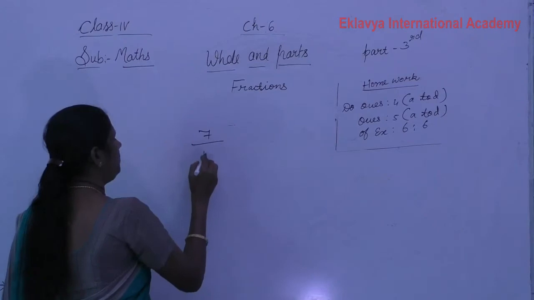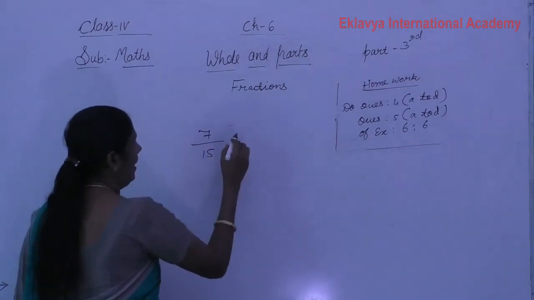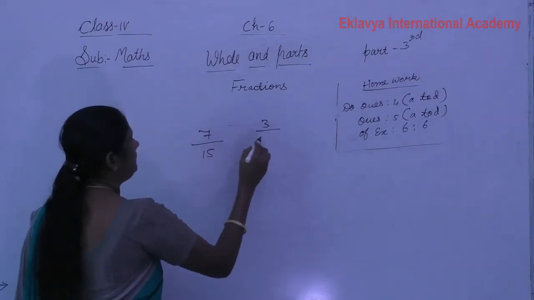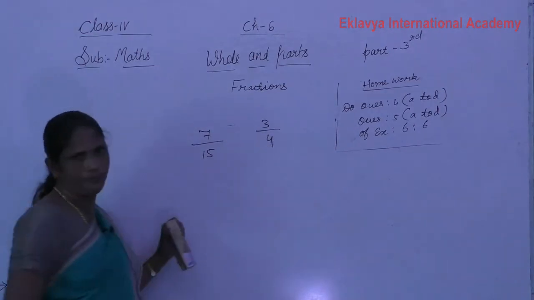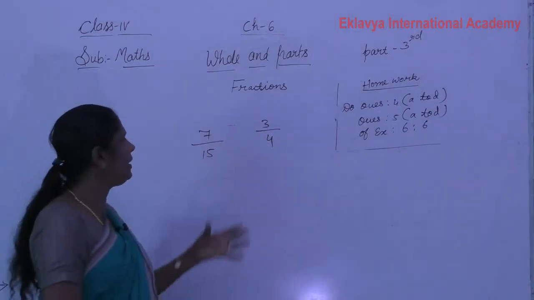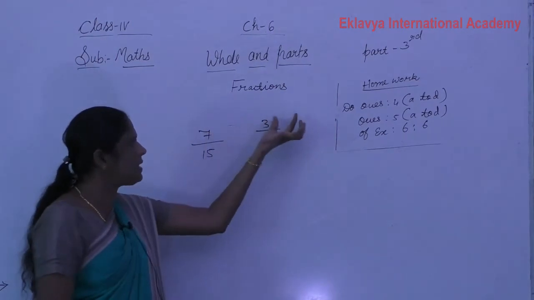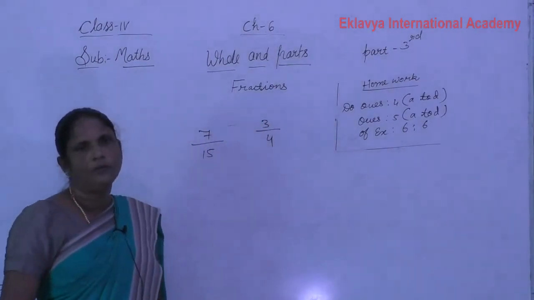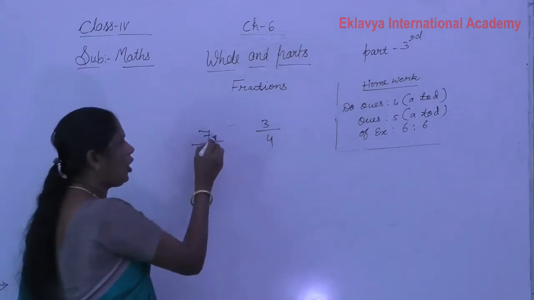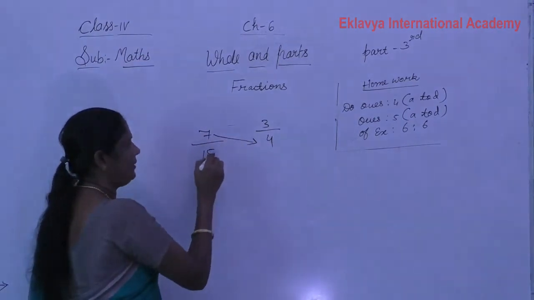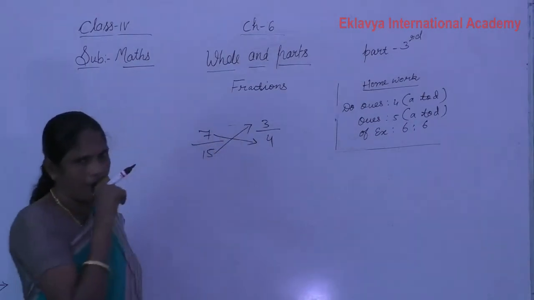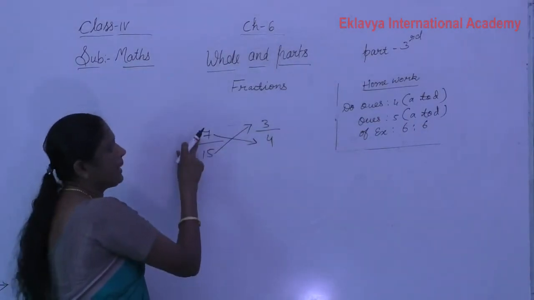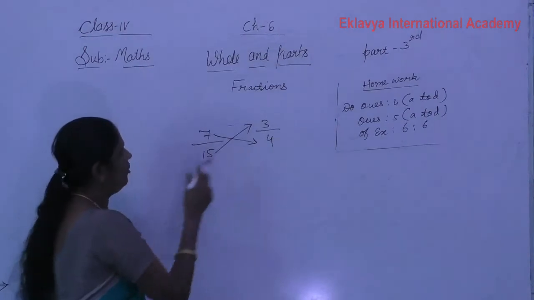7 by 15 and 3 by 4. Here the numerators are different, denominators are different. What do you do first? Cross multiply. First numerator and second denominator: 7 into 4.